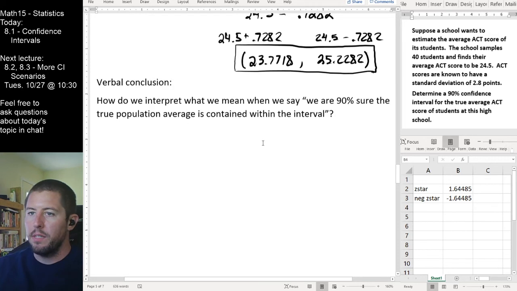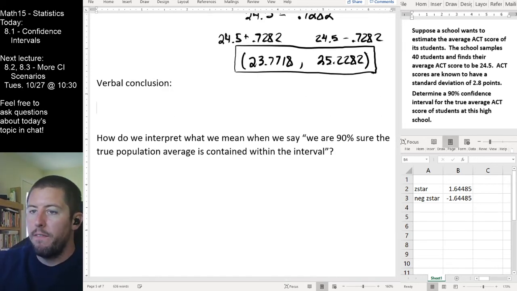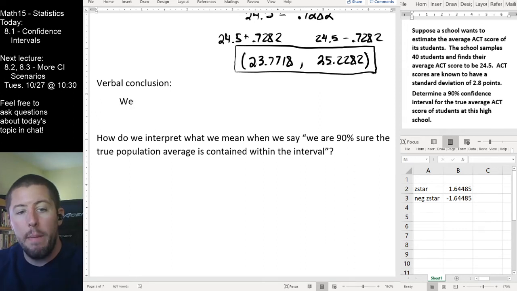We're going to do two things for stating our conclusion. So our verbal conclusion here, how am I going to state what I even mean by this?